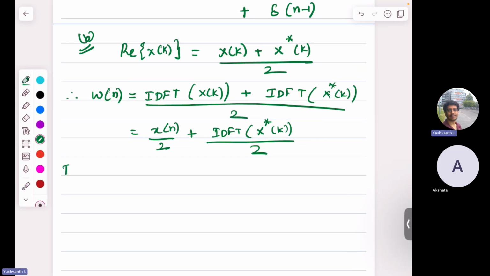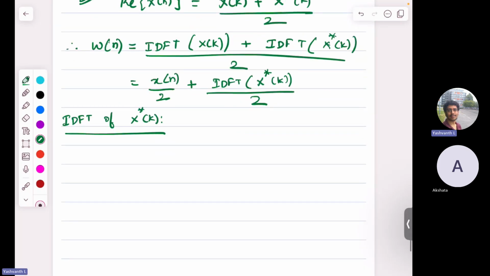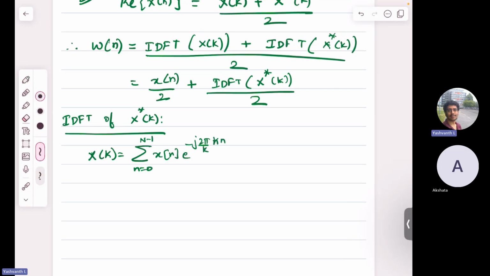Let's do that. The IDFT of X conjugate of k. Recall that X of k, just writing the definition of DFT, is the summation n equal to 0 to N minus 1 of x of n into e power minus j 2 pi by N into kn.